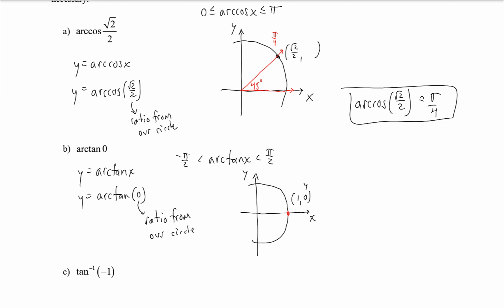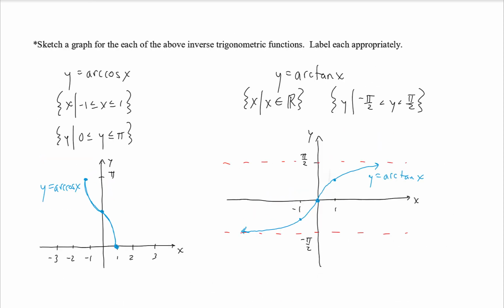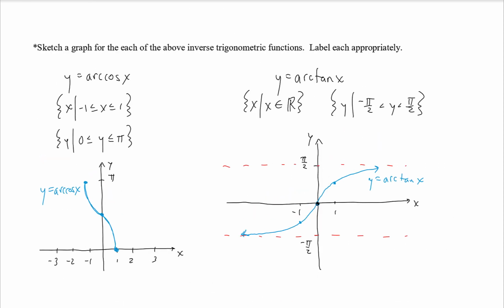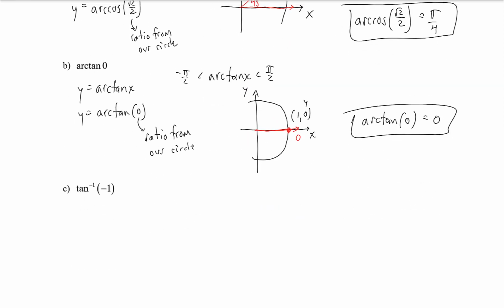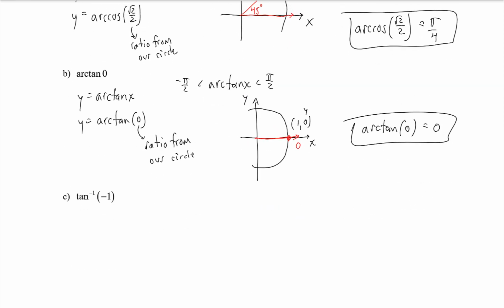Because then my y-coordinate is 0, and 0 divided by 1 is 0. So I would be at this angle right here, and that angle, as we know, is 0 radians. So inverse tangent of 0 is 0. Right? The graph of inverse tangent went through the origin, so now we see why, because that's the angle you'd have to draw to get a tangent ratio of 0.